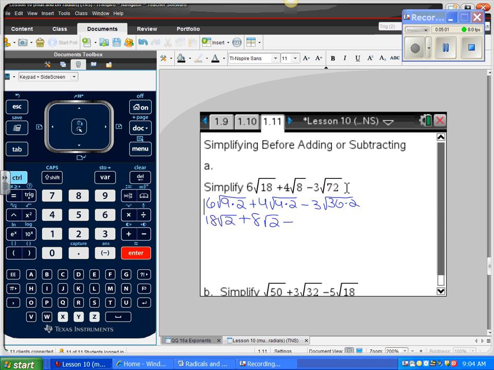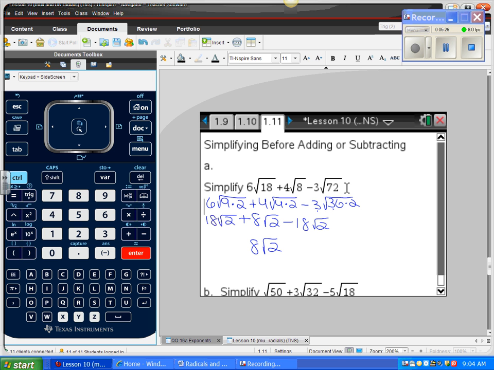Radical 4 is 2. 2 times 4 is 8. Radical 36 is 6. 6 times 3 is 18. So I have 18 radical 2 plus 8 radical 2 minus 18 radical 2 gives me 8 radical 2.